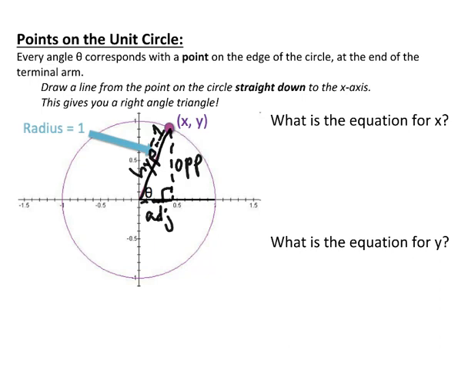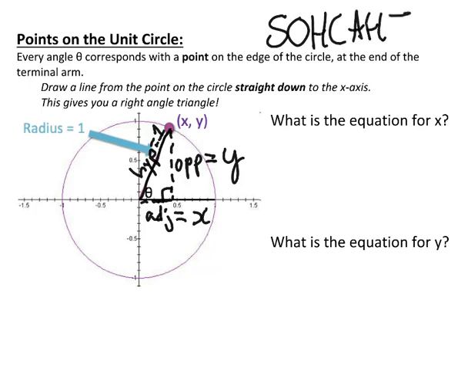So what you should notice is that the opposite side is actually just the y value, and the adjacent side is in fact just the x value, and the hypotenuse is always 1. So if I was trying to find an equation for x, I know the hypotenuse, so it might make sense to use the cosine ratio of SOHCAHTOA. So let's start with the CAH part. Cos of your angle is going to be the adjacent divided by the hypotenuse.